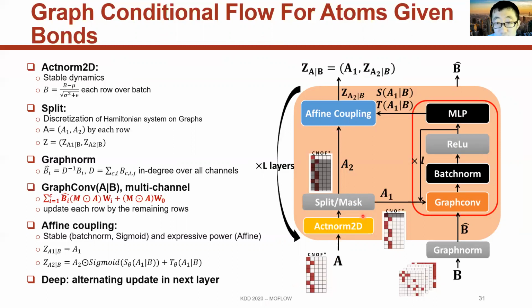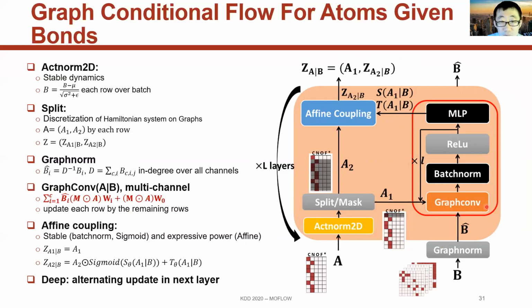For each layer, we only update each atom, each row, by the remaining atoms and their link structures. We use the remaining atoms and their linked structures by a multi-channel graph convolution. We convolve each channel of the tensors and then sum their signals.